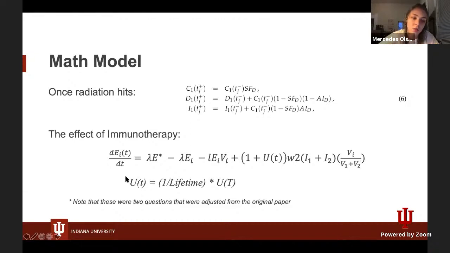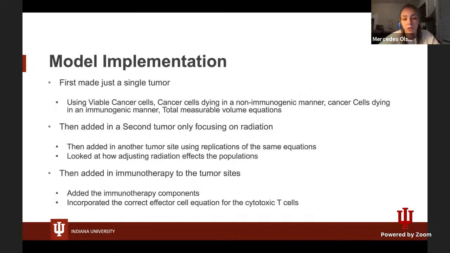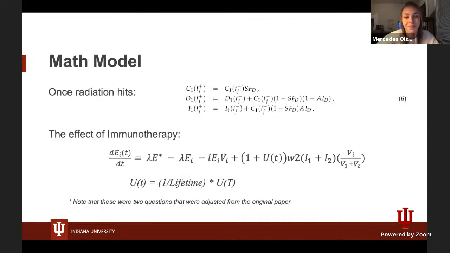And then U of T, the aspect of the immunotherapy, was simplified from the paper just to keep it within the scope of the class. The paper originally had it with an integral, so it was just multiplied by 1 over the lifetime at which the immunotherapy will work, and then multiplied again. And then, like I said, these 2 were adjusted from the original paper, from errors on their side, and just for simplicity on our side of the class.